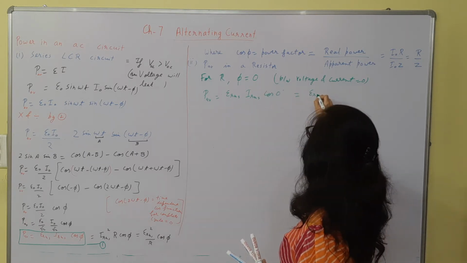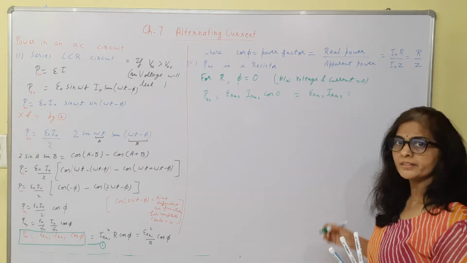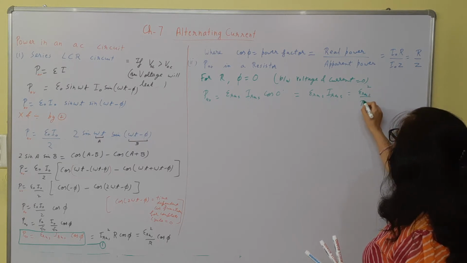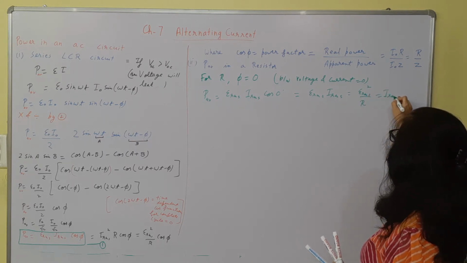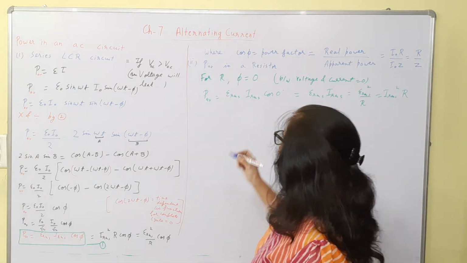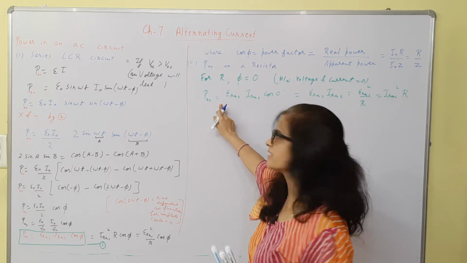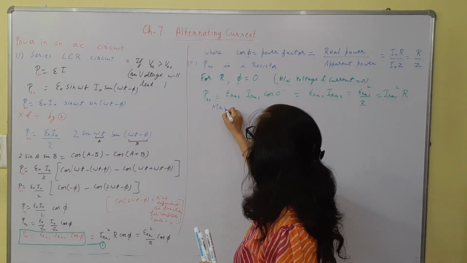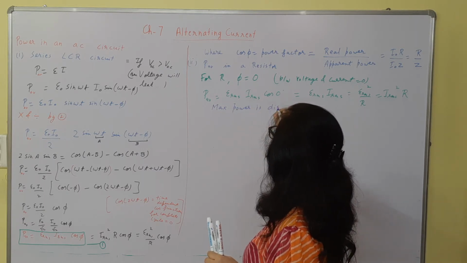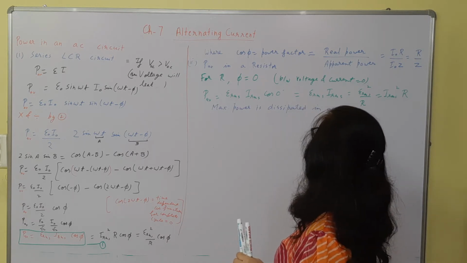So this gives me E RMS I RMS, which can also be written as E RMS square upon R, or I RMS square into R. That means the maximum power is dissipated in a resistor.